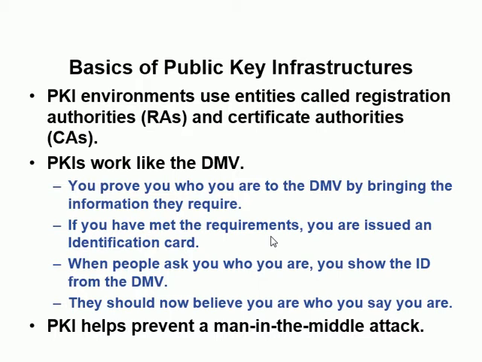And once they vet your identity, the DMV gives you a driver's license. You can then take that driver's license and use it as identification when you go anywhere. When somebody else looks at your driver's license and everything looks good and it looks like a legitimate driver's license, then they can be assured that you are who you say you are, because they know that the DMV already vetted you. They already verified your identity. So you're implicitly trusting someone's identity because they have an ID from the DMV.